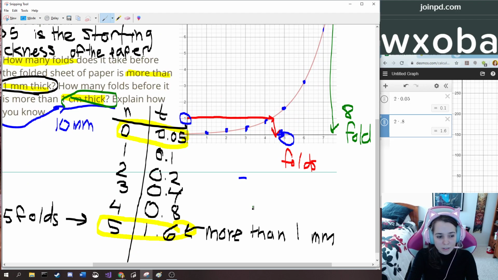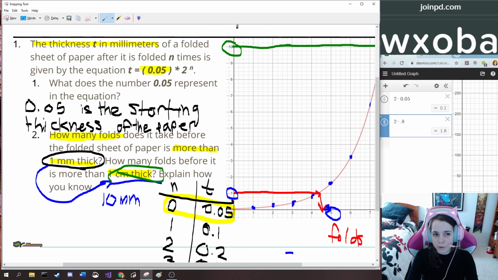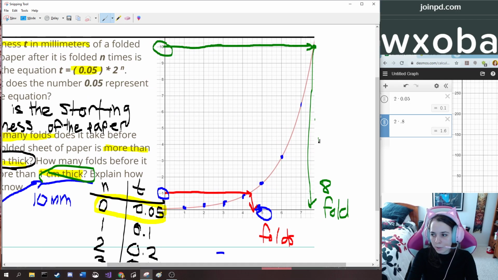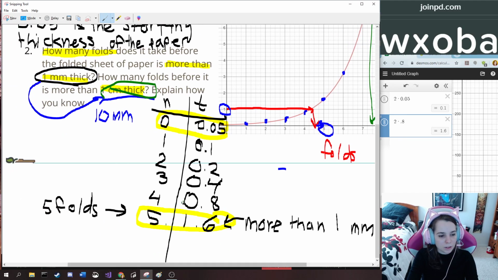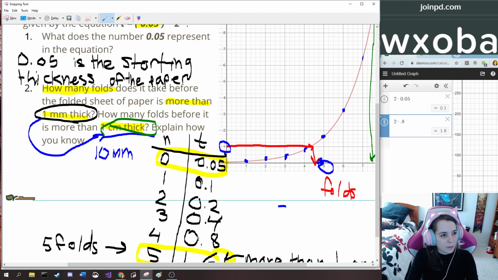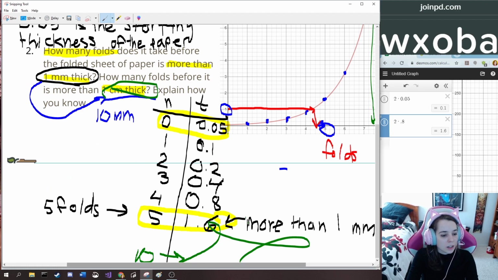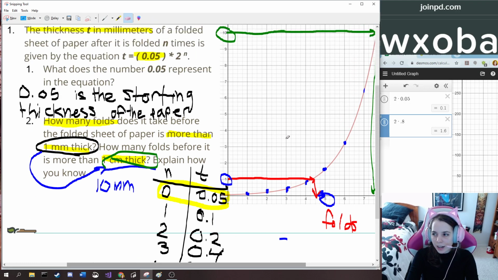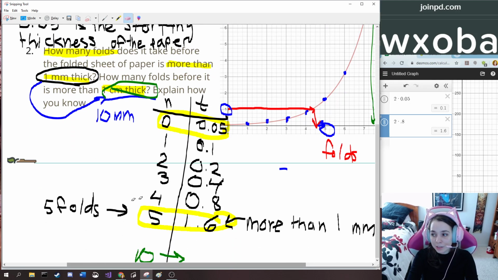Okay, if you wanted to use the data table, instead of the graph version going from the output to the input, which is number of folds, you would keep going down and keep multiplying until you get to 10. Now, if you're given a graph, it is a little faster sometimes to use the graph, but it's a little bit more exact using the data table.